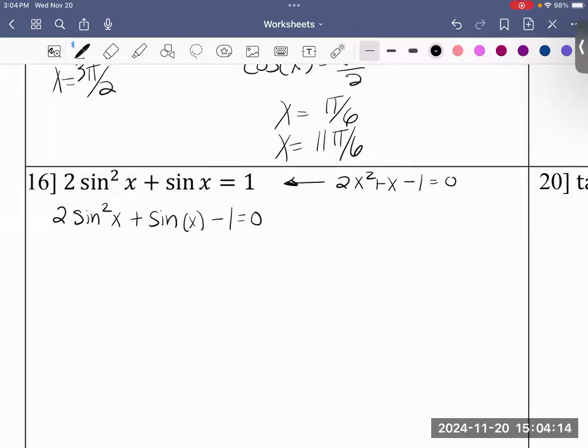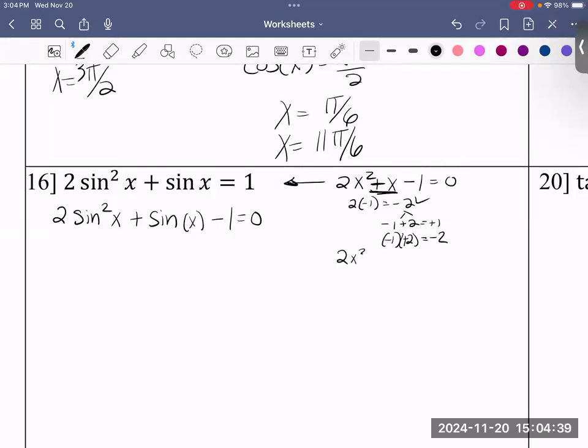Well, this isn't simple factoring, it's complex, right? So we're looking at factors of 2 times negative 1, so negative 2. So that's 1 and 2. And we want a positive x value here. So that means 2 is positive and 1 is negative to get a positive 1. And when we multiply, we get a negative 2, which again, that's what we had here.